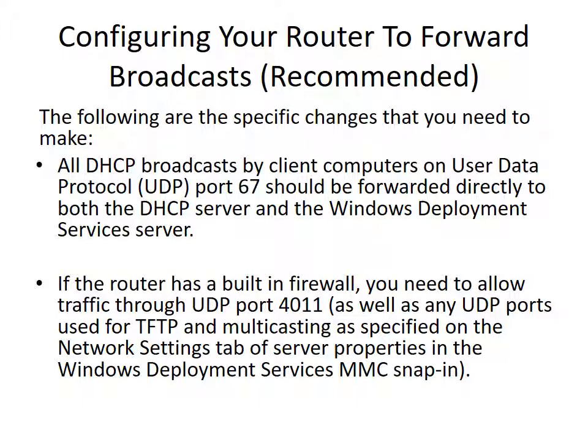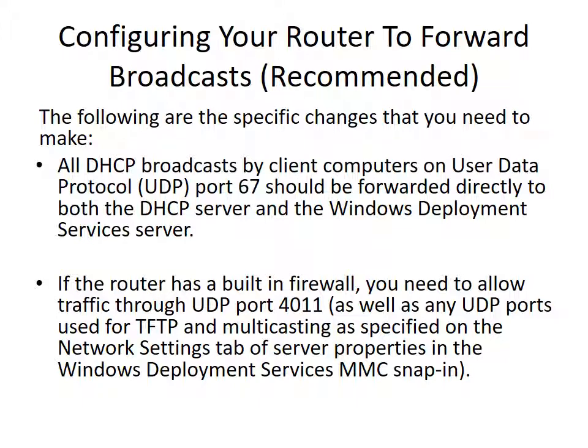And then if the router is one of the combination routers that has a built-in firewall, you need to allow traffic through UDP port 4011, and you also need to allow traffic on any UDP ports used for TFTP and multicasting, as specified on the Network Settings tab of the server properties in the Windows Deployment Services MMC.